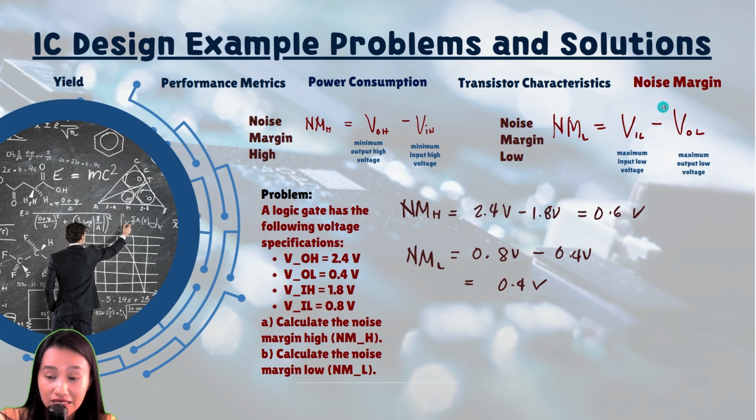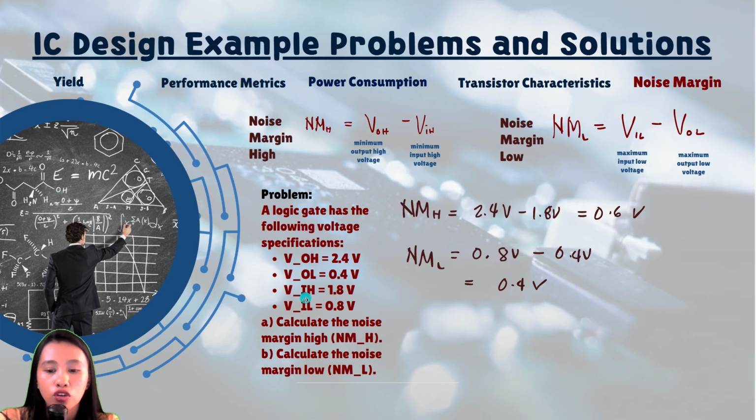We have the next one. I think this is the second to the last topic and problem or key formulas that we need to discuss. We have the noise margin high, with your minimum output high voltage and your minimum input high voltage, and then our noise margin low, which has the maximum input low voltage minus our maximum output low voltage.